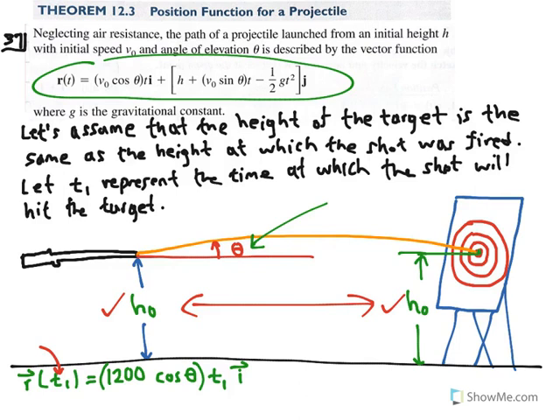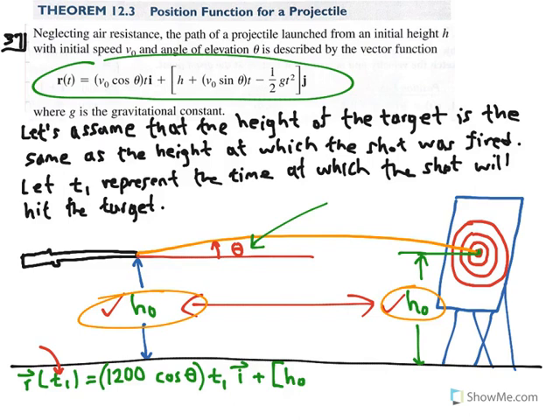So I use t sub 1 in place of t, plus h naught, which would be the height of the target, same as the initial height at which the bullet was fired. So we're assuming, again, that the initial height of the bullet is h naught, same as the height at which the target is hit.